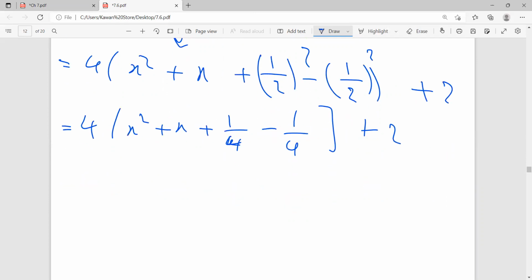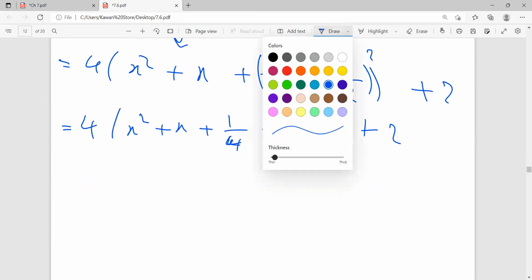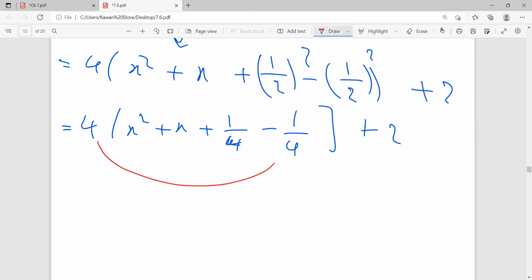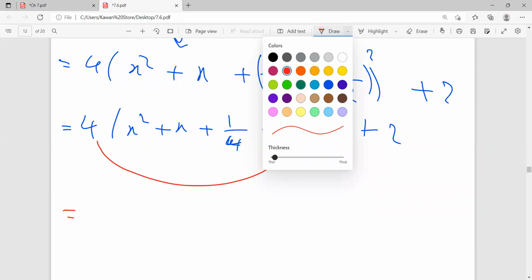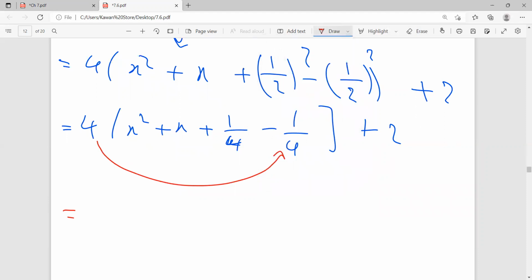Am I right? Now I'm going to multiply. We are going to multiply that one just to here. Why? Because I don't need it. I want just 3 of them.